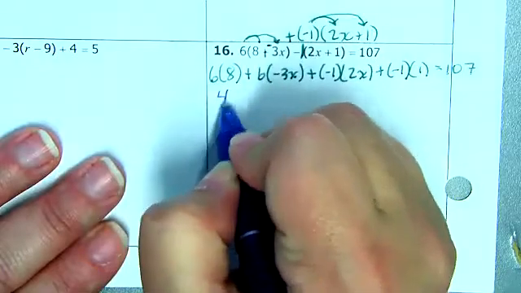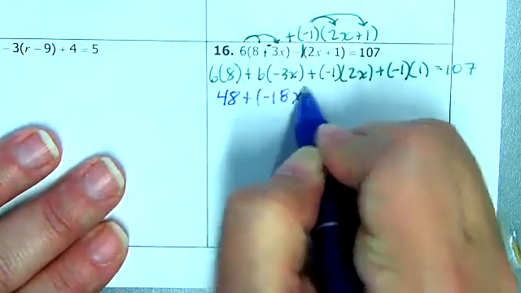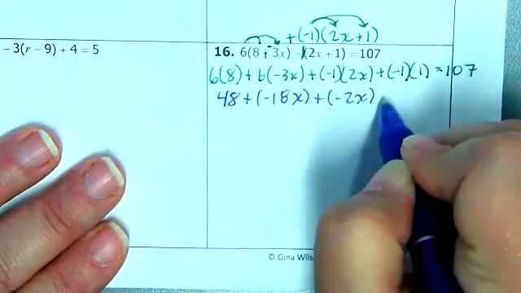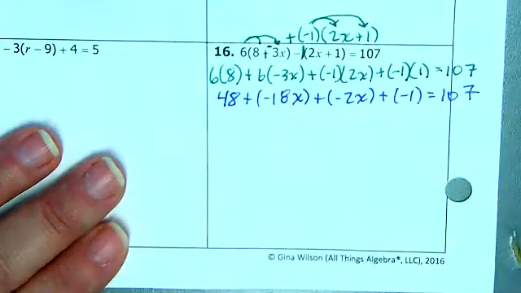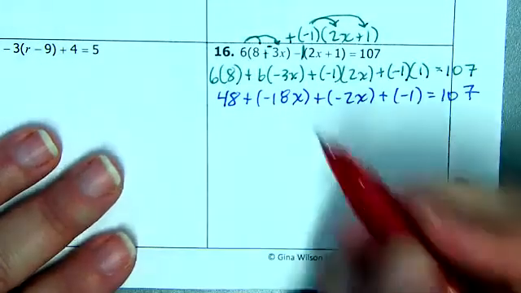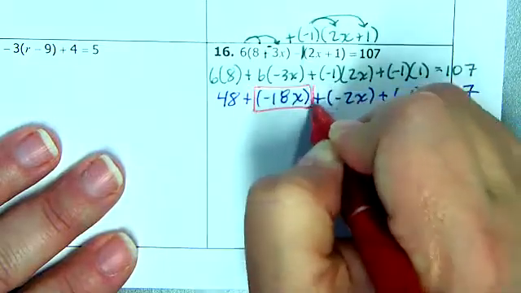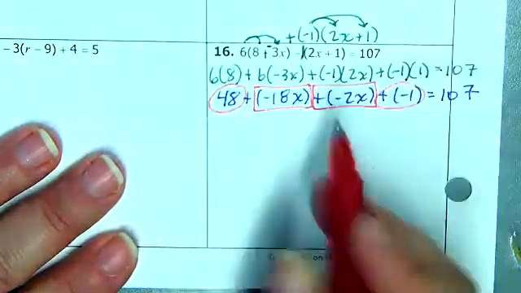So 6 times 8, that's 48 plus -18x plus -2x plus -1 equals 107. And now I combine my like terms. So I'm going to box my variable terms, and I'm going to circle my constants.